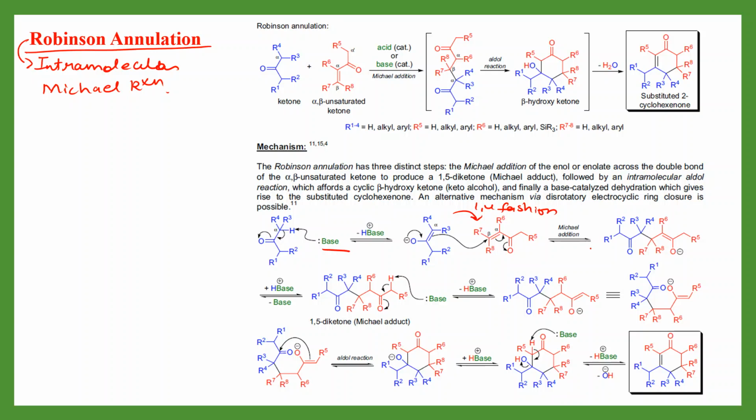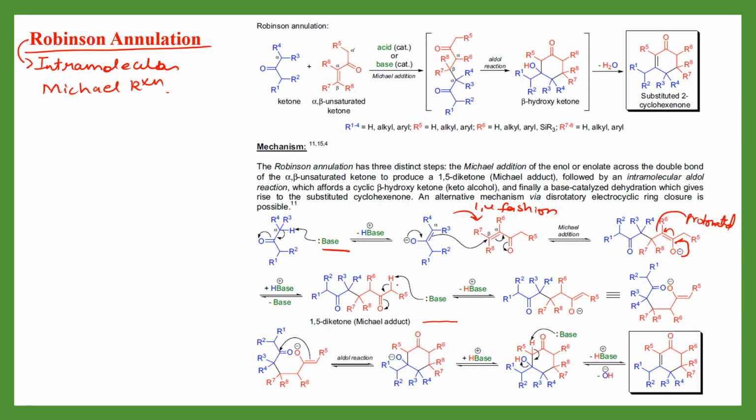After Michael addition, you have got this entity, correct? And this O negative will go back. Here a carbanion will come and it will get protonated in the next step, correct? And it will form this 1,5 diketone Michael product, correct?